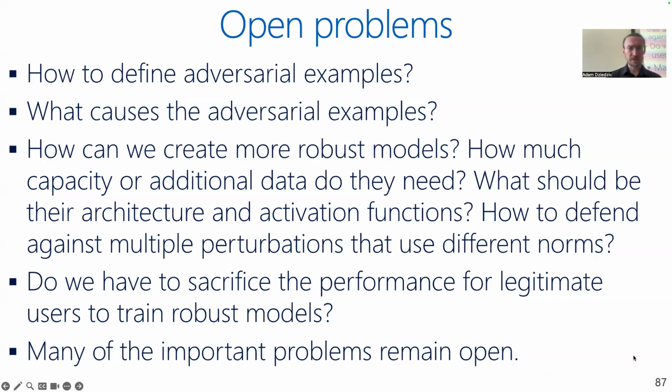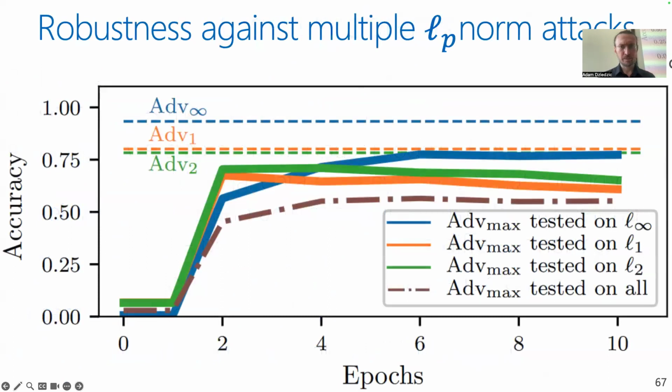This relates to one of the parts of the lecture, where we talk about robustness against multiple norm attacks, right? But the same holds for different types of attack. Here the blue line is for PGD style, because you have the L-infinity norm, and L2, for example, is Carlini-Wagner because it's the L2 norm.